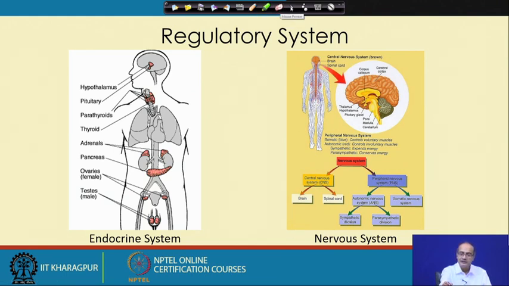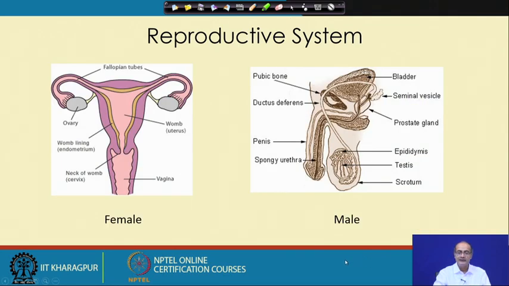And now, let us look at the next system, that is the reproductive system. Again, the reproductive system is a very important and interesting system.